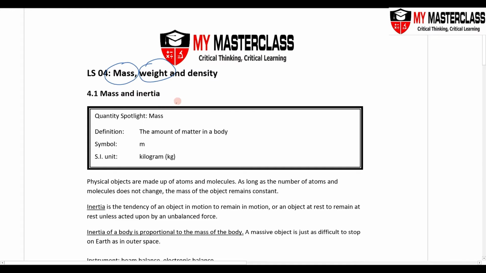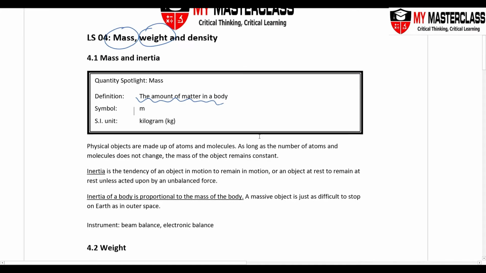All right. So first, let's talk about mass. Mass is defined as the amount of matter in the body. So the unit is kilograms. If you see mass in a formula, you'll see the symbol m there, a small m.